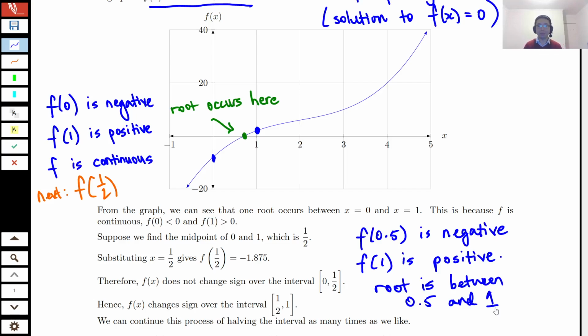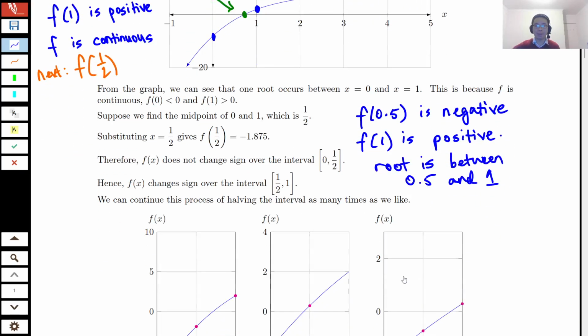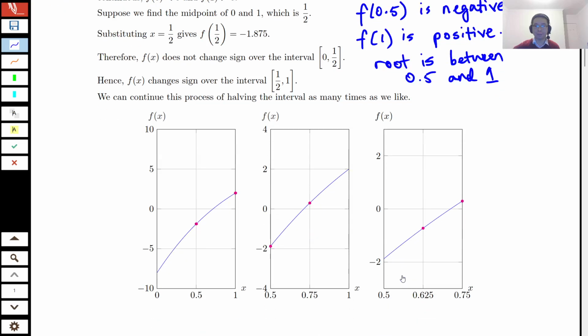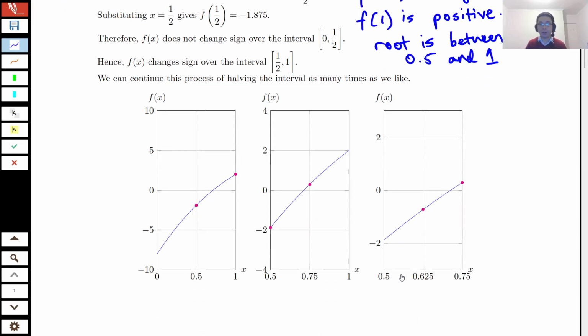You can do this as many iterations as you like. And then at that point, you're limited only by the processing power of your computer for however long you want to do this. So down at the bottom of this page, I've got some graphs for you. When we apply the bisection method, we actually don't have the graph. We just have the values of the function.